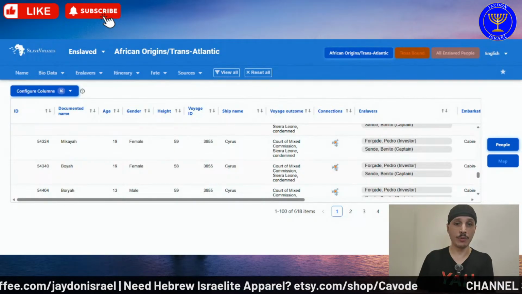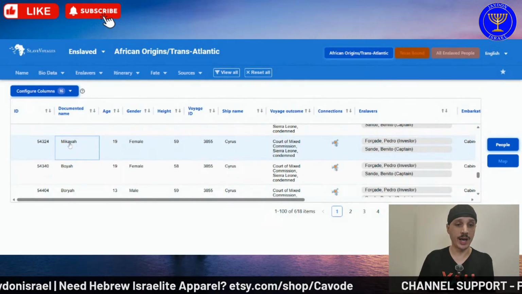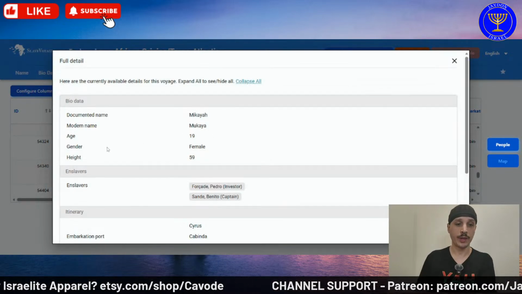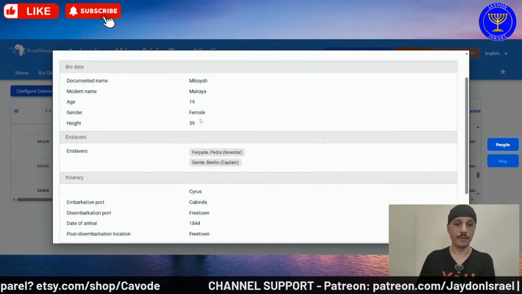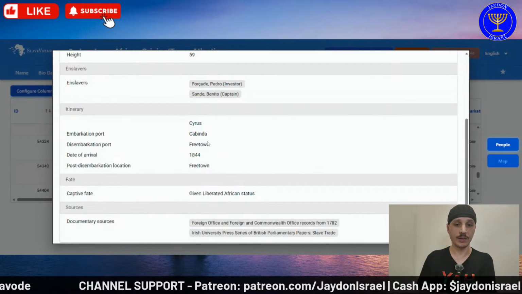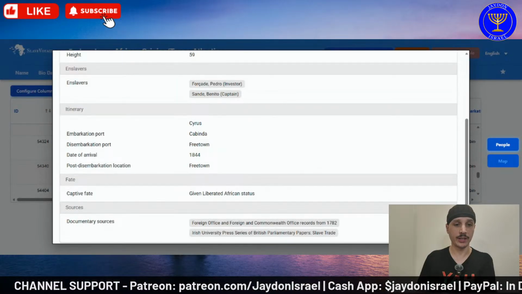I don't know about you. Let me know what you think, family. But I'm looking at this name right here, Mikaya. Let's click on it. It says modern name, Mukaya, age 19, female, height 59. Here's the rest of the information. Embarkation port.